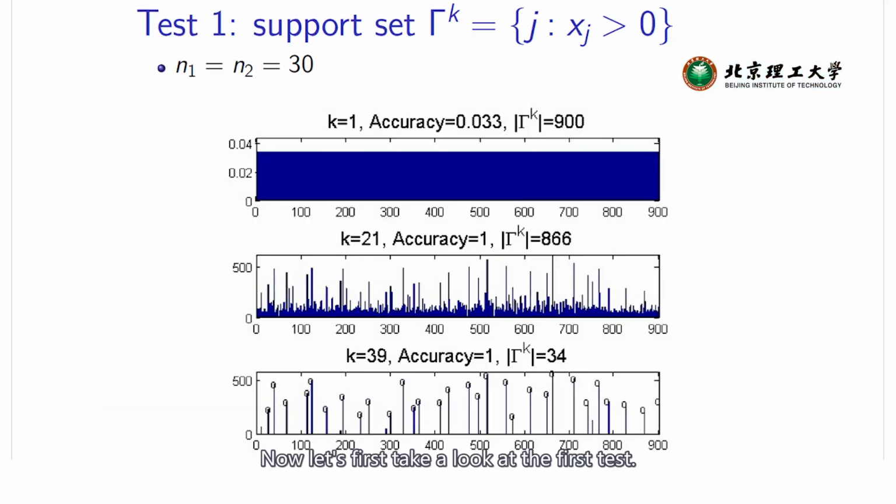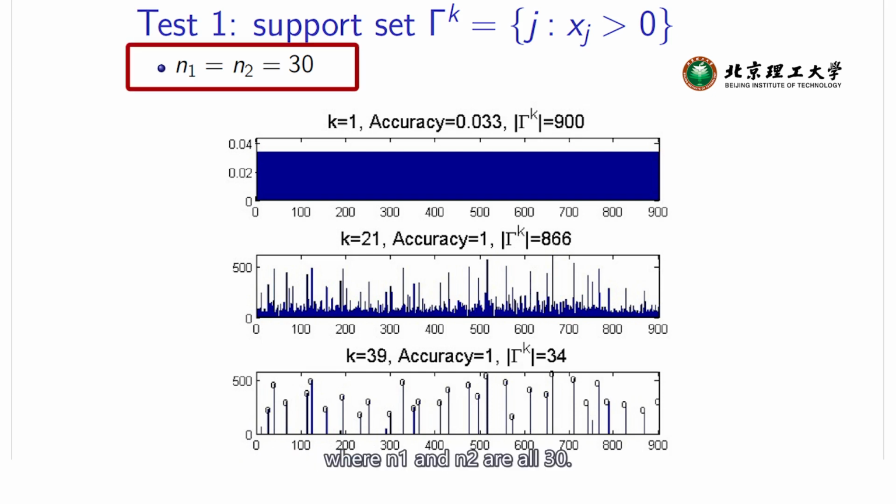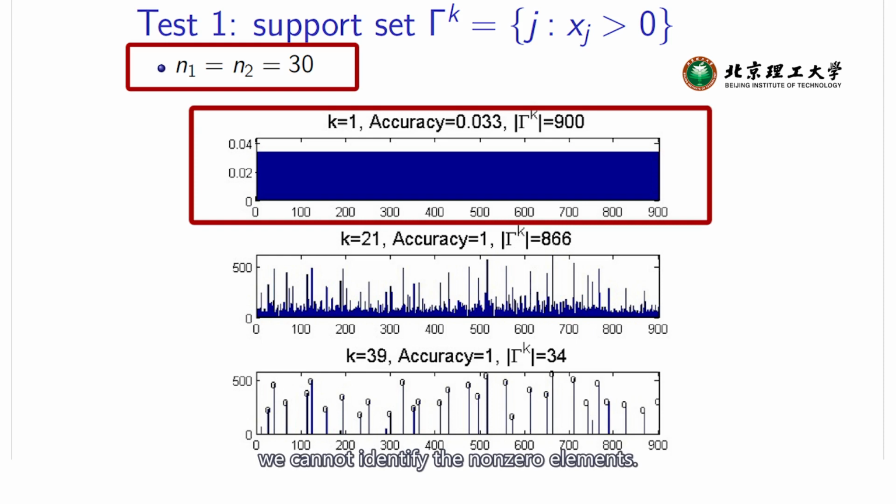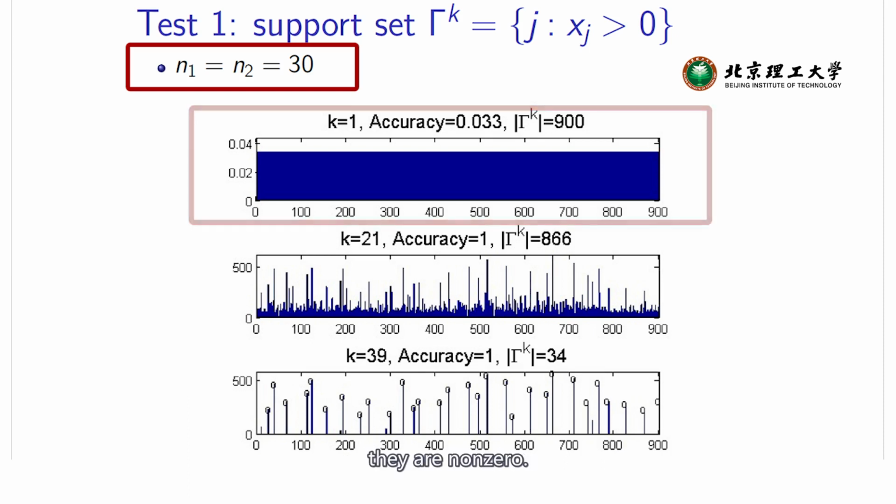Now, let's first take a look at the first test. We demonstrate whether we can successfully identify the support set of the original problem. This is one specific example where N1 and N2 are both 30, and at the first iteration, we cannot identify the non-zero elements because all of them are non-zero.